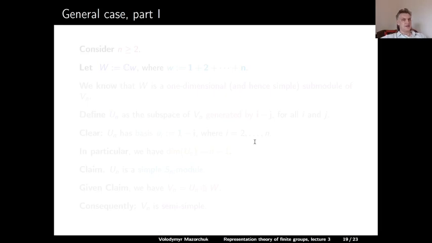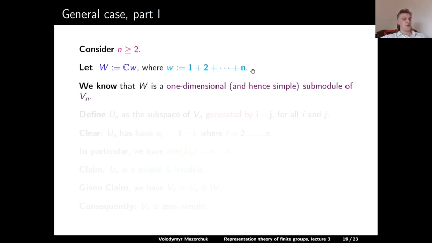Finally, let us consider the general case in a quick, sketchy manner. So consider the case n greater than or equal to 2. Let W be the linear span of the element W given by the sum of all elements in the standard basis of the natural module. And we know that W is a one-dimensional and hence simple submodule of Vn.